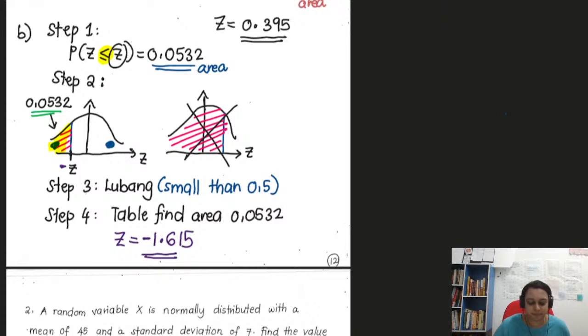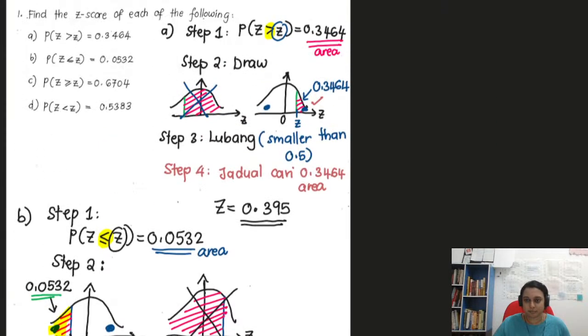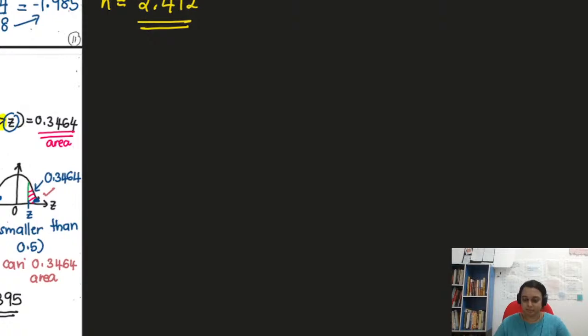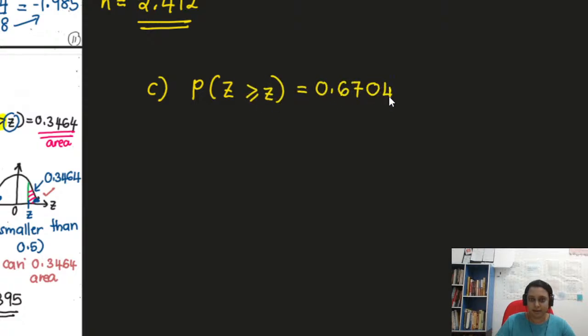So C. C, teacher do here. Probability Z bigger than or equal to small z 0.6704.